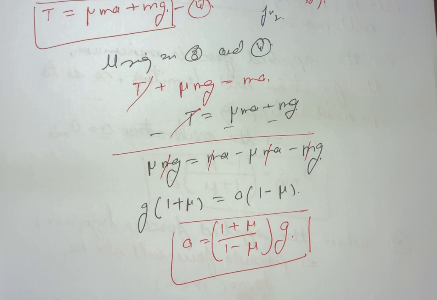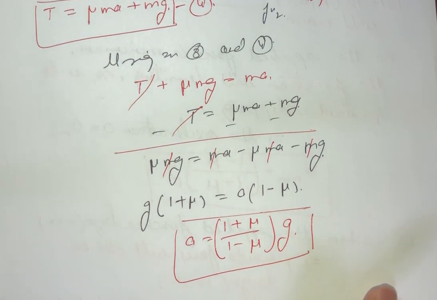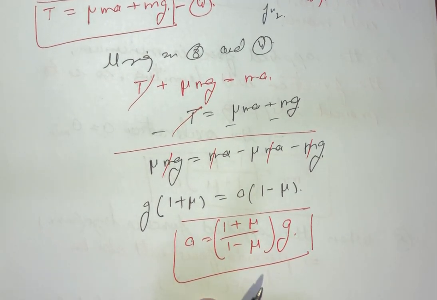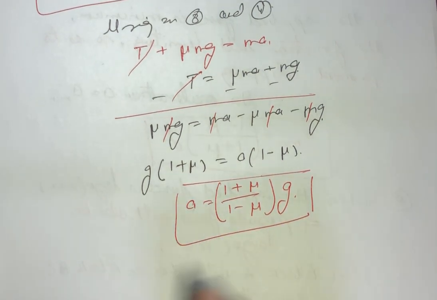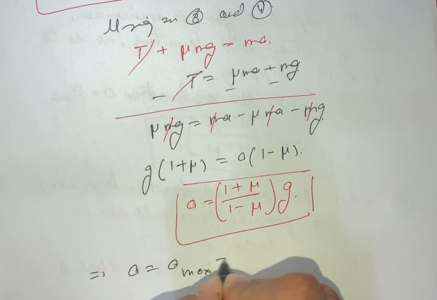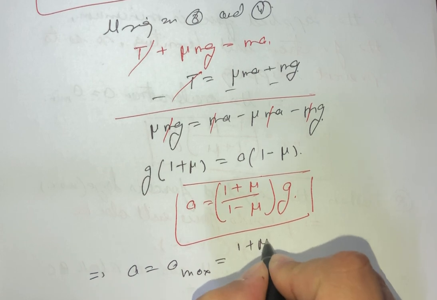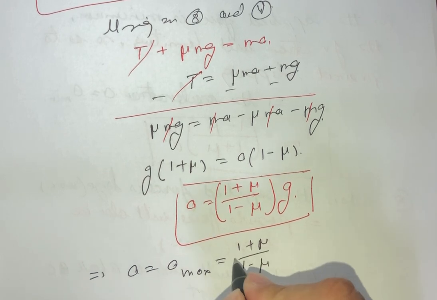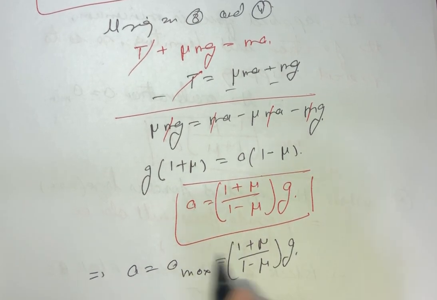And as the force is maximum, pseudo force will be maximum, so this acceleration will be maximum. Okay, so A is equal to A max, which is equal to (1 plus mu)/(1 minus mu) into g.